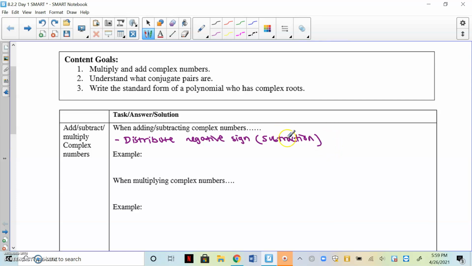Alright, the other important one, excuse my hideous handwriting. The other part is that we are going to have to combine like terms. And that's something that you guys are used to doing at least.